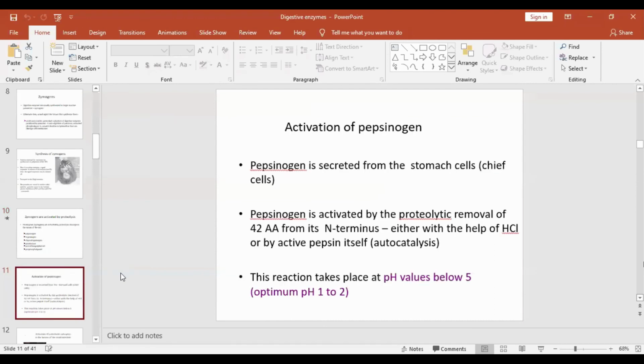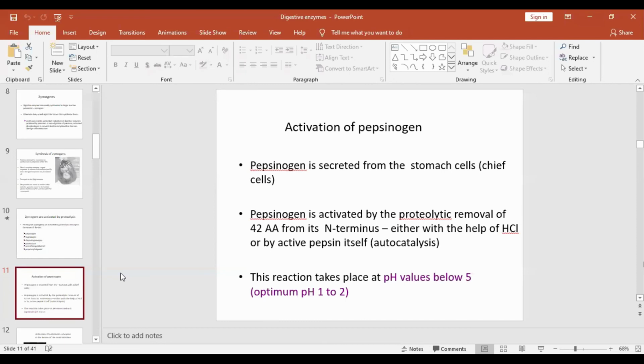For the activation of these zymogens, one example is pepsinogen. They are synthesized as large molecules, and certain parts are kept so as to mask the active site. When it is in the synthesizing cells, the active site should be hidden.